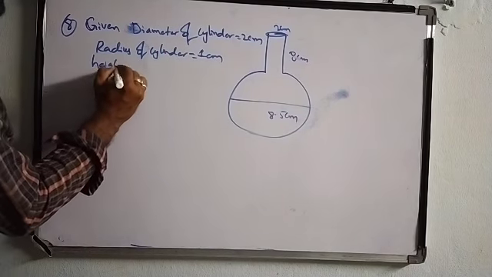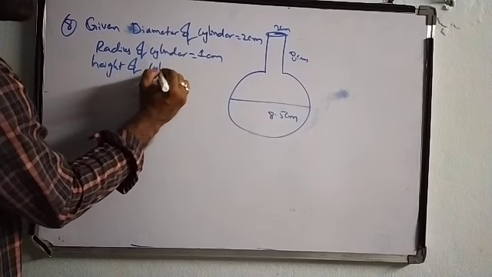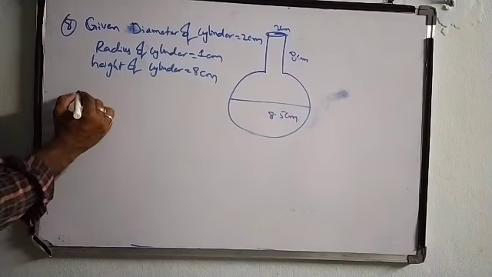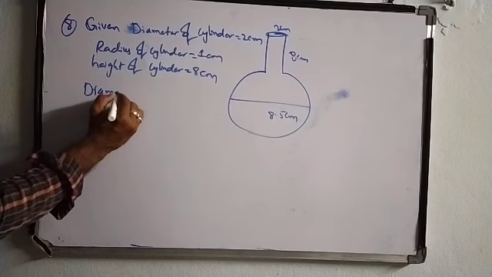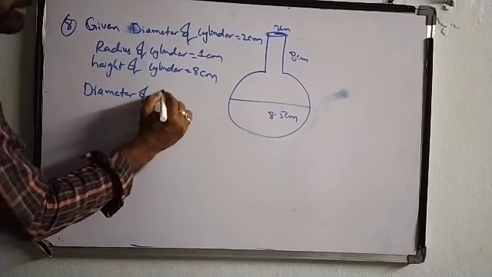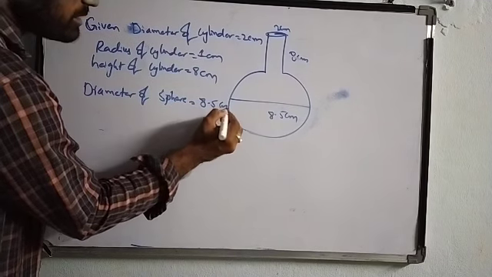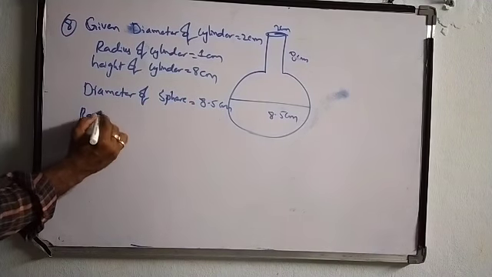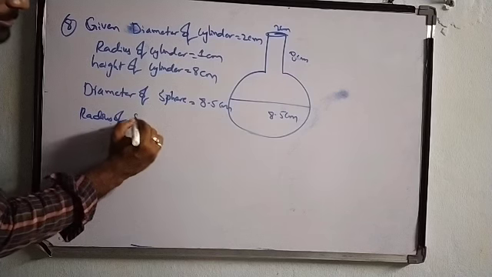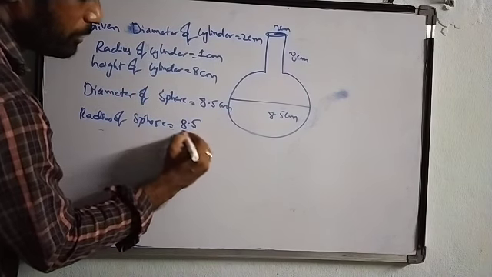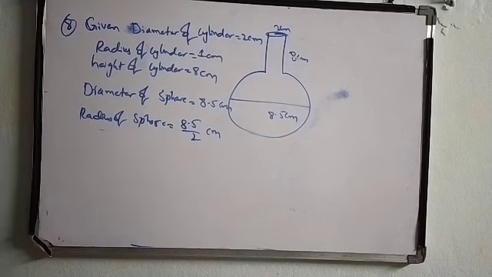Height of cylinder, 8 centimeter. So diameter of sphere, which is 8.5 centimeter. So radius of sphere, which is 8.5 by 2 centimeter.